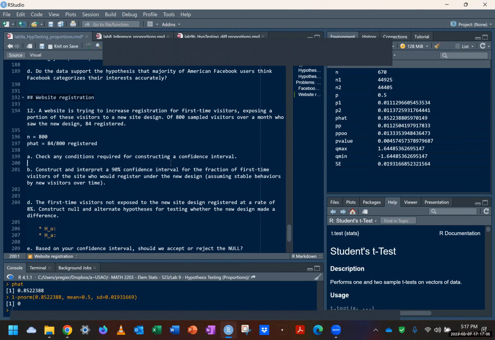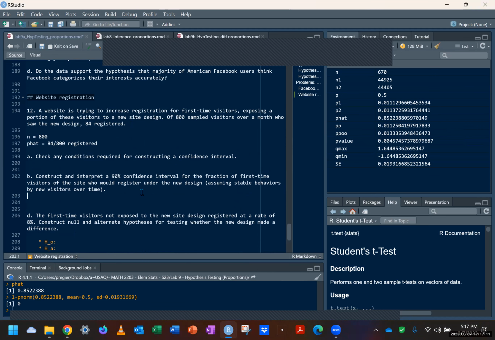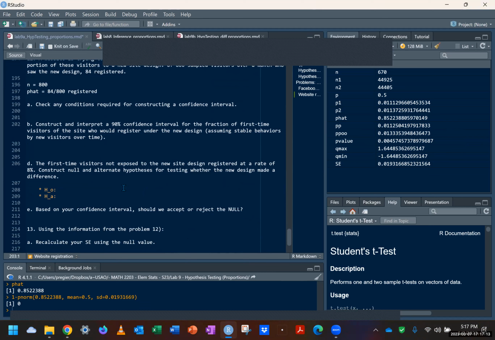Okay, we can check our conditions for the central limit theorem, construct our 90% confidence interval for who registered. And then what we really want to know maybe is, does this change your registration rate? Previously, the rate was 8%.